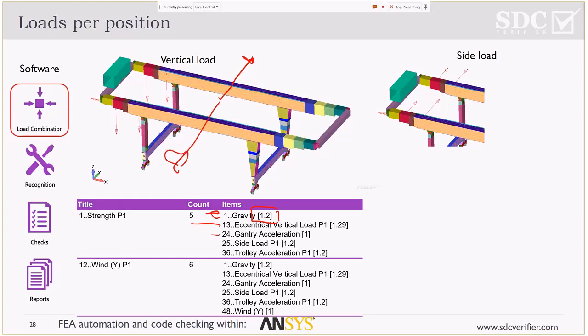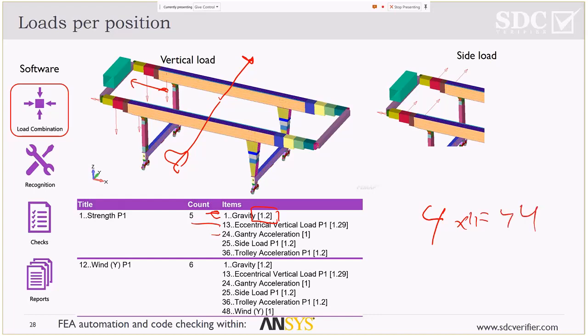And we also have the situation where the trolley might move, and the acceleration of that trolley needs to be taken into account as well. So for every load position, we have 4 calculations to do. And if you want to do the same thing but then with wind, you have 4 times 11 is 44.